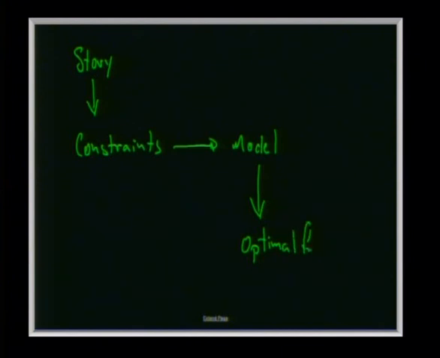What I want to do is recap slightly what we've been doing. You remember that we were always given a story. And from the story, we constructed constraints. From our constraints, we made a model. And from our model, we found our optimal function, or our maximum, or perhaps even our minimum.